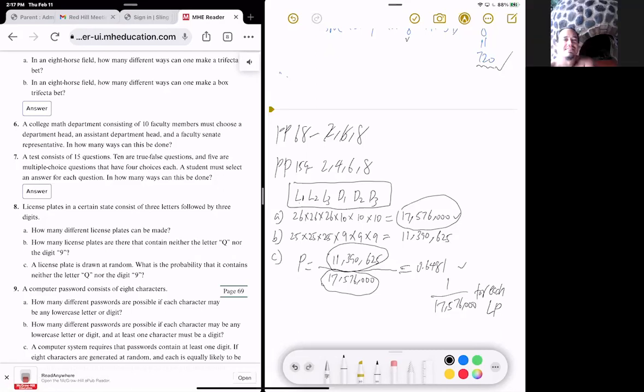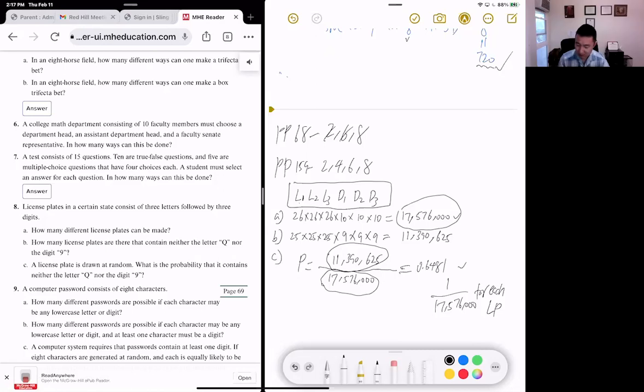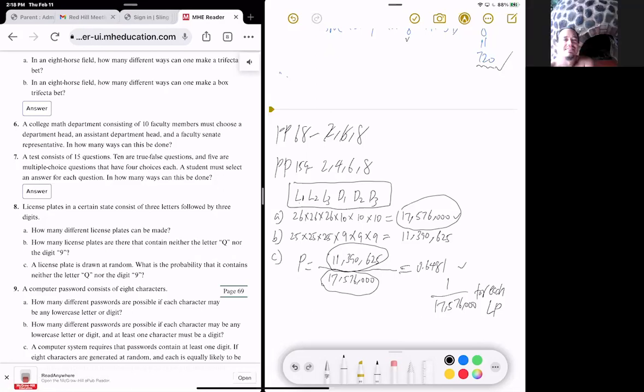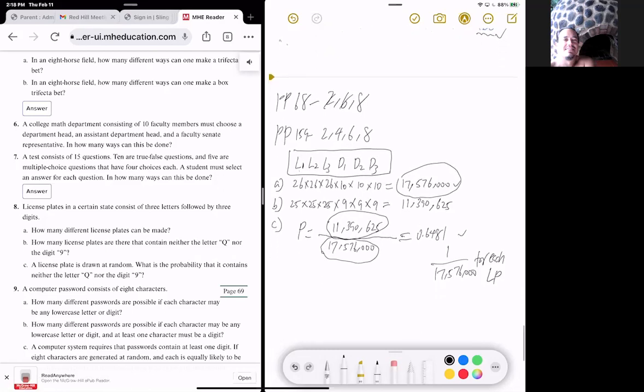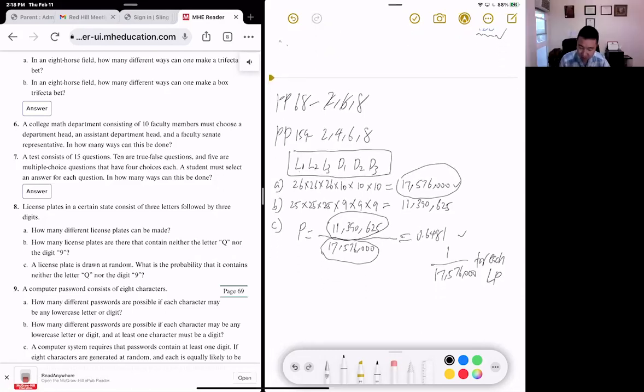Is there a way that you could express this with the union or the and notation? No, it's not union or intersection at all.